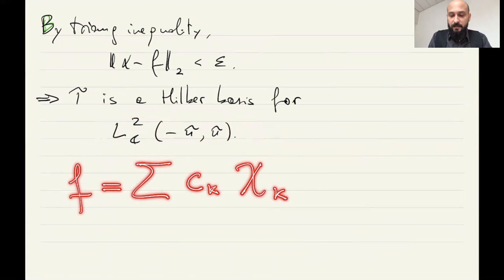This should be seen as a function written as a sum over its frequencies. That's why this theory of Fourier series is important in many applications in physics and engineering.